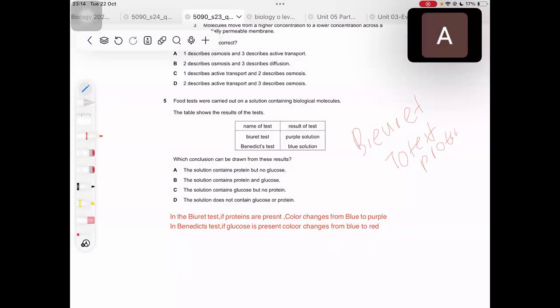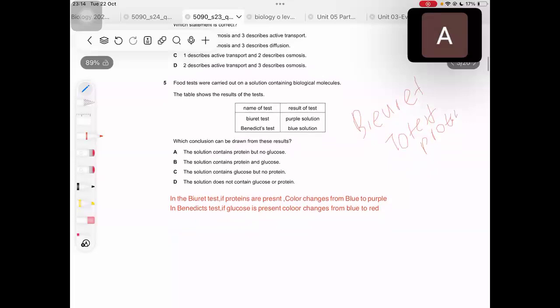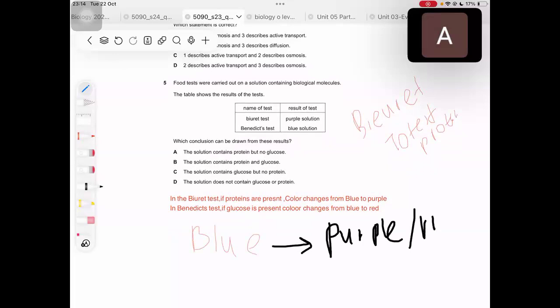What happens to the color of the Biuret solution if proteins are present? The initial color was blue, and if proteins are present, the color changes to purple or violet, right? Here they have said the result of the test is a purple solution. That means the food that was tested actually contained proteins, right?